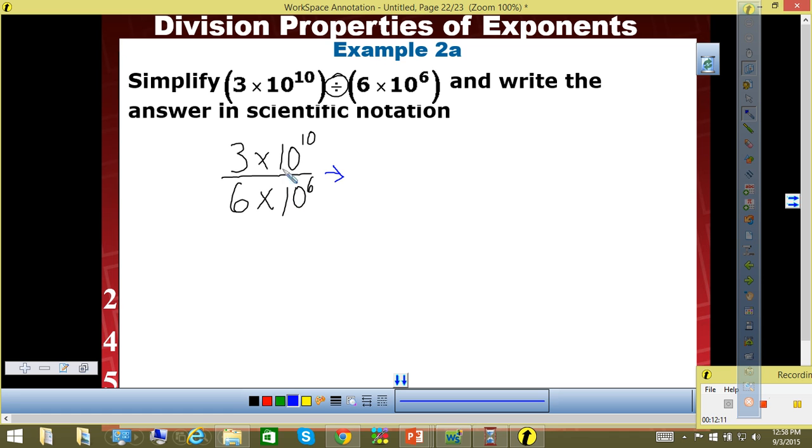Therefore, same base, that is 10 to the what? 4 times, what is 3 divided by 6? 0.5, so that's 0.5. Are we done? No. For those that didn't see it, 3 over 6 is 1/2, in decimal form is 0.5.